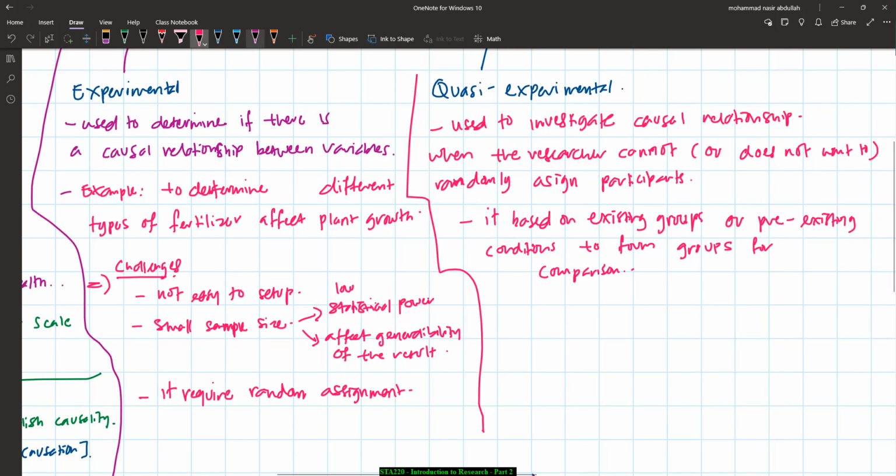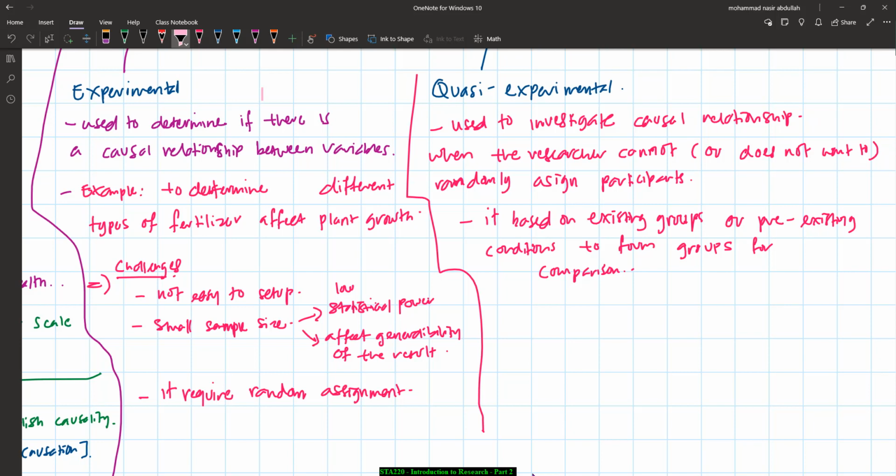Right. So what is the difference dekat sini? Dekat experimental, right? Tengok ni example, to determine different type of fertilizer affect plant growth. So kita akan form a group of plant, right? And then kita akan randomly assign the fertilizer to each group, right? So there is a random assignment element there, kan? But for quasi-experimental, the group is already there, and we cannot randomly assign to the group.